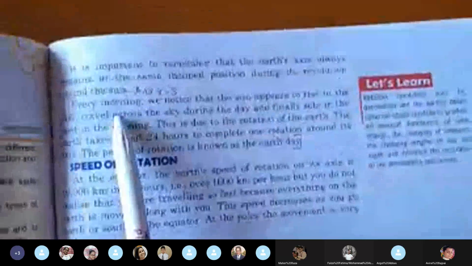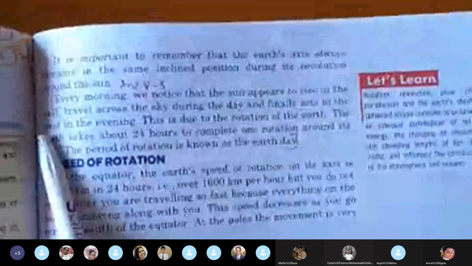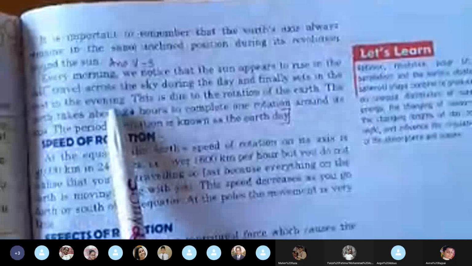Come to 5-3. How are days and nights formed? Page 131. Every morning, we notice that the sun appears to rise in the east, travels across the sky during the day, and finally sets in the west in the evening.